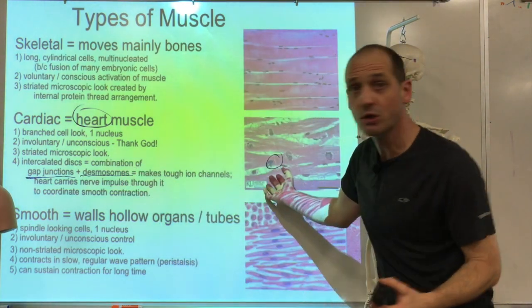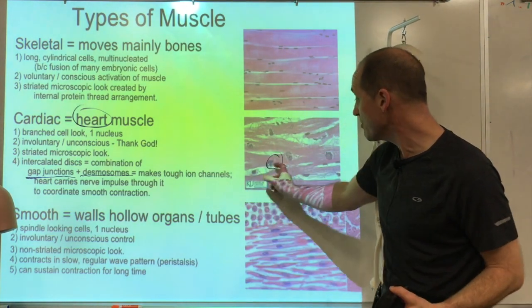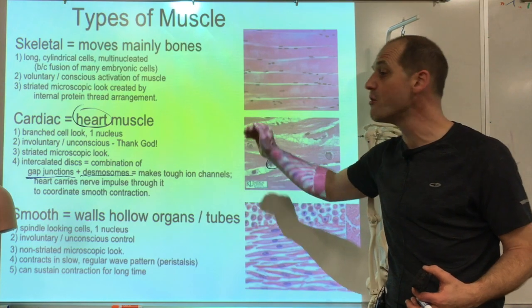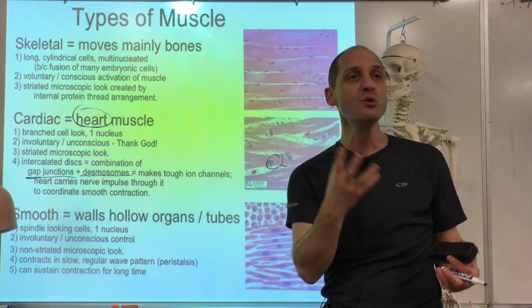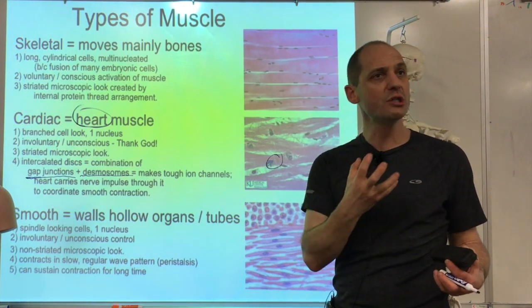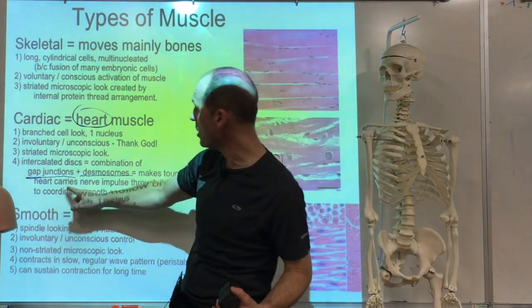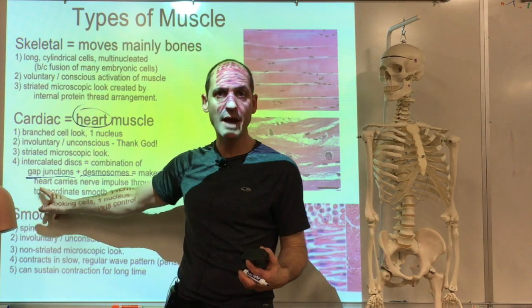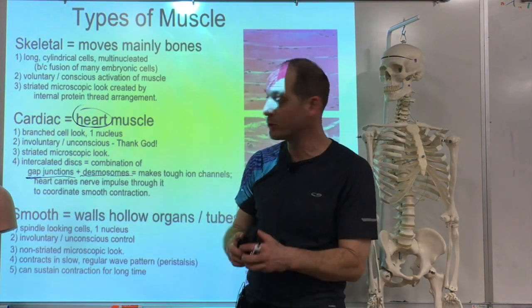And so in heart muscle, you have multiple muscle cells. Here's a muscle, then here's a muscle. You want them to be strong, held together to one another, and be able to have nerve impulses go straight through it, because that way we can have a whole heart contract as one unit, when all the muscle orchestrated contract as one. And it's possible because of the gap junctions. And the desmosomes make sure the different cells don't pull each other apart. They hold them really strong together.